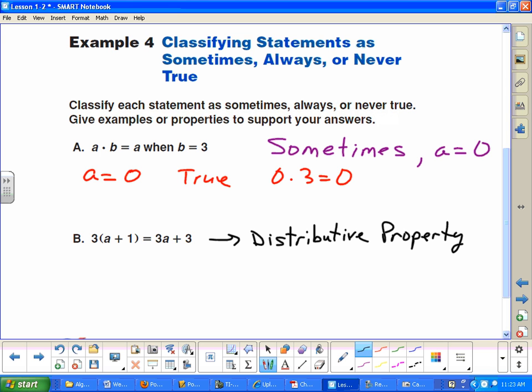Since it's the distributive property, that would mean that this is always true, because that's what those properties are for. They imply it's always going to be correct. Otherwise, it wouldn't be a property anymore. Always going to be correct.